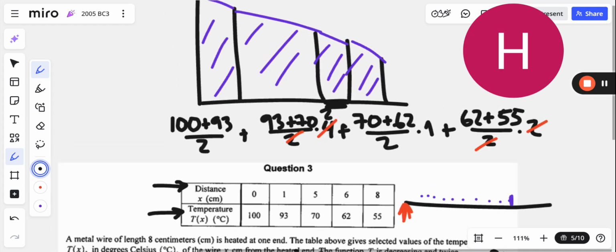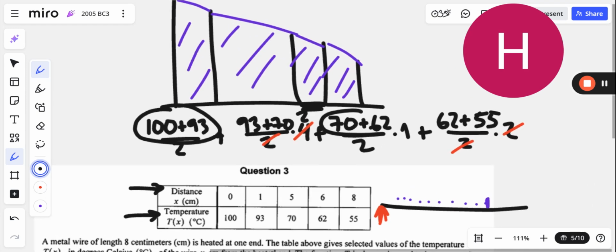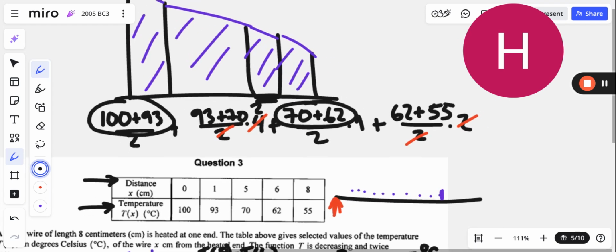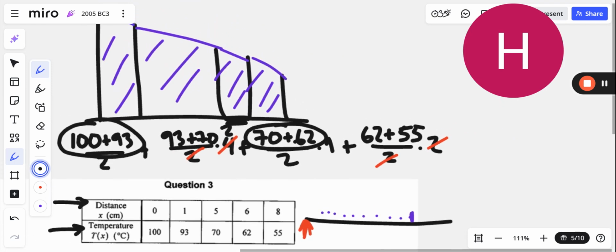Okay, so let's give it a shot. This is 193. I know it's over 2, but I want to add it with something else that's over 2. Plus 132 over 2. So 193 and 132 over 2 is 325 over 2.